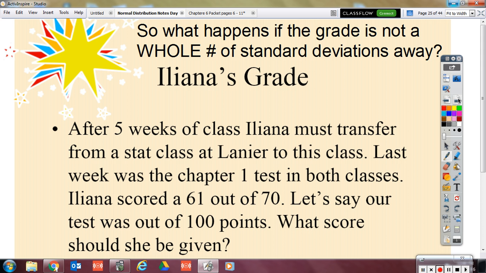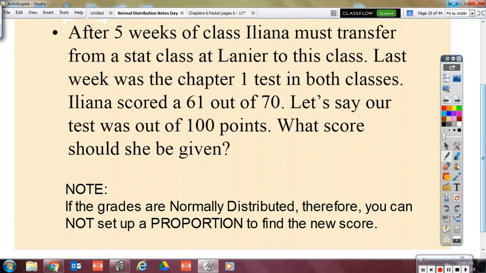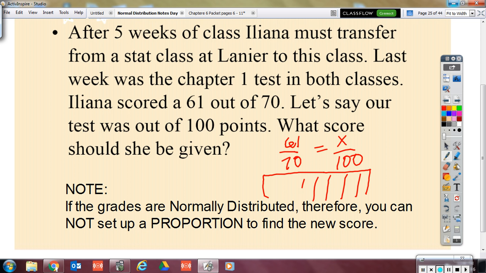And as we talked about at the beginning of class, it is tempting to use proportions. Why is this not a good idea for grades? Are grades distributed proportionately where every grade gets the same amount of students?